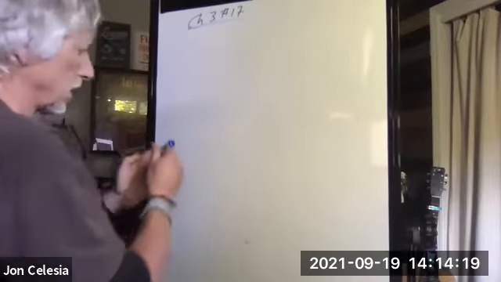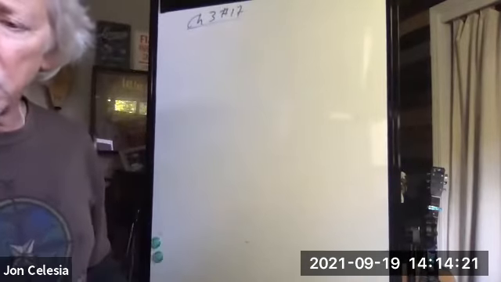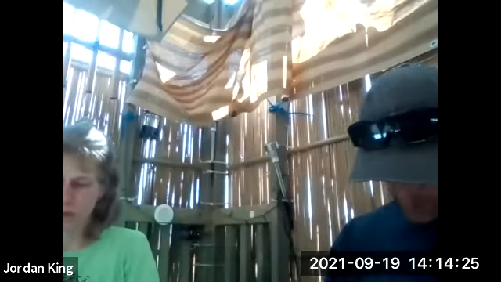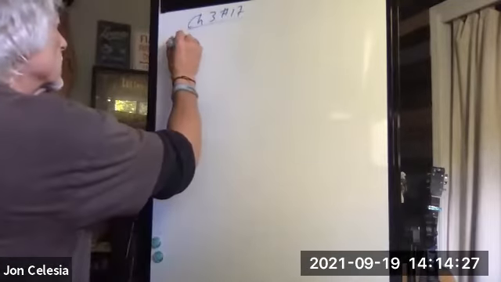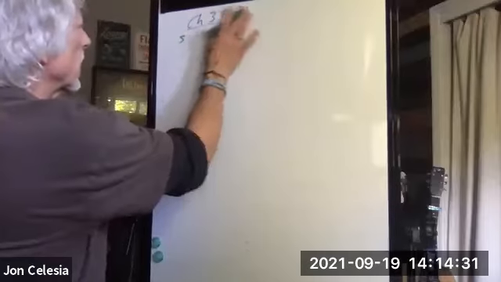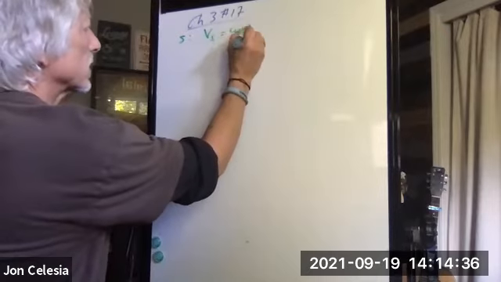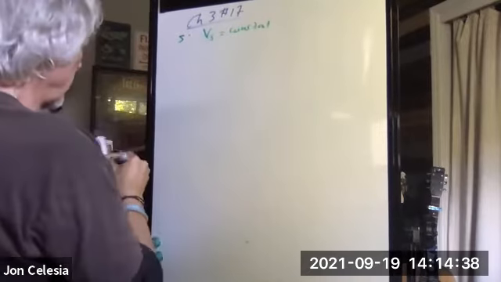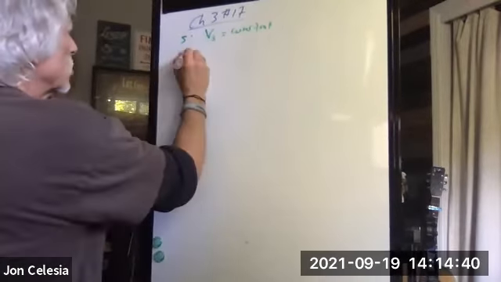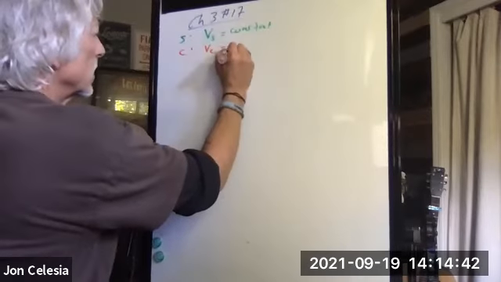I'm going to make a note. I'm going to use some colors maybe. So I guess it could be green. I'm going to write symbolically, v of Sage is constant, and v of the cheetah is constant.